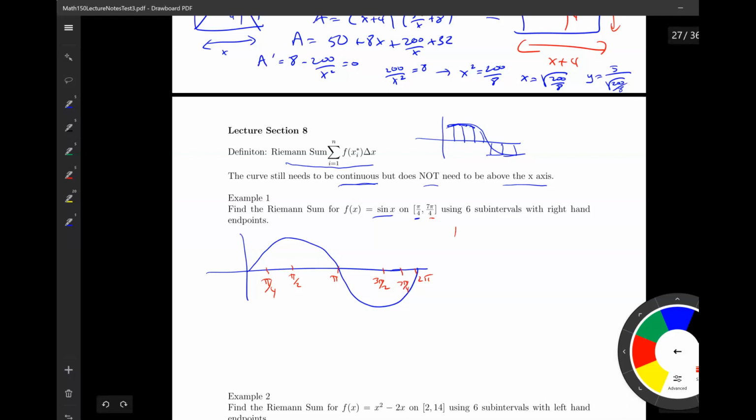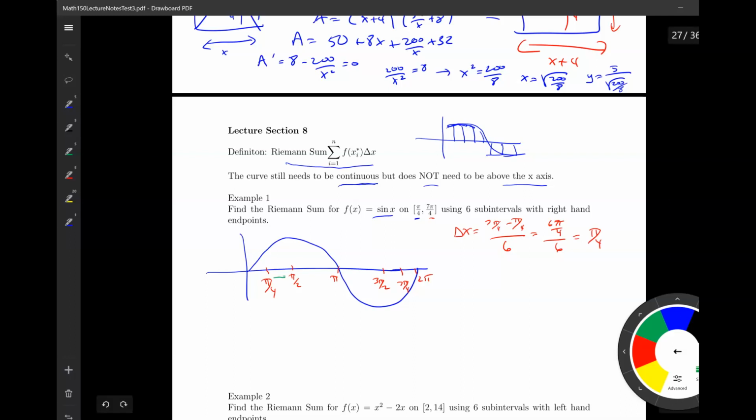Okay, so I am looking for the width of my rectangles: 7 pi over 4 subtract pi over 4, divided by 6. This gives 6 pi over 4 divided by 6. Oh, pi over 4, how convenient. So each rectangle is of width pi over 4.